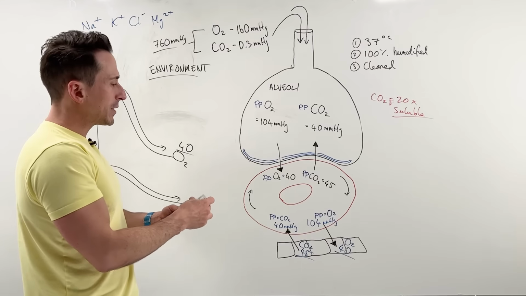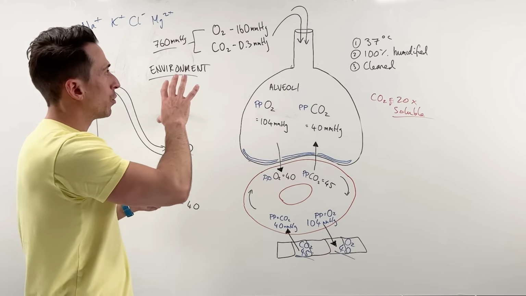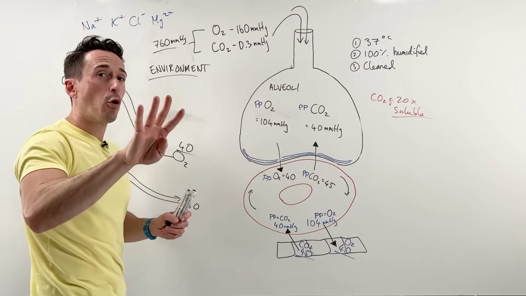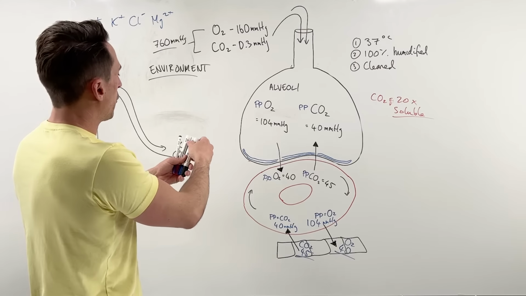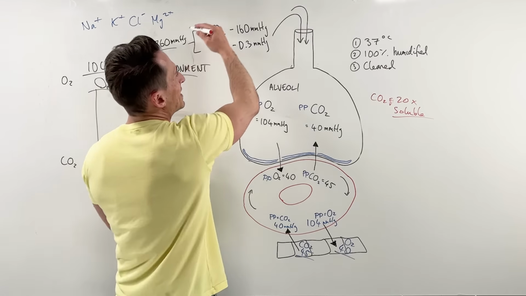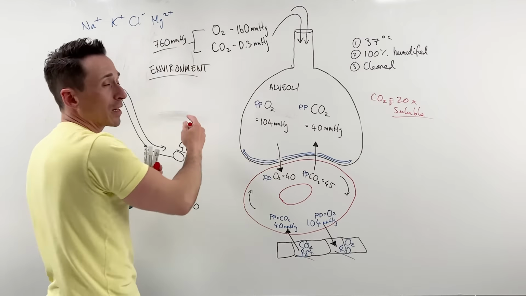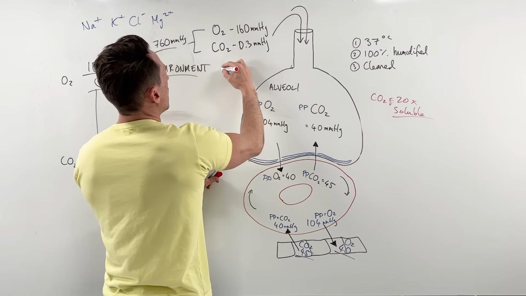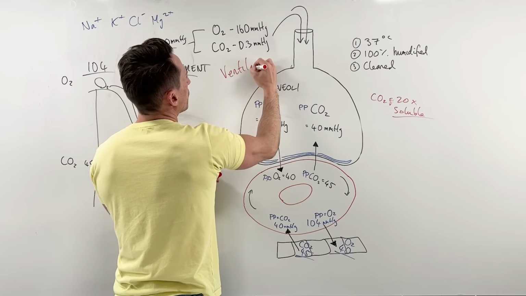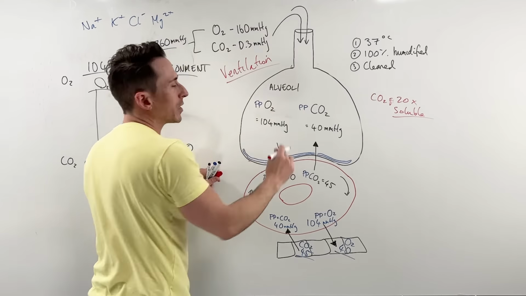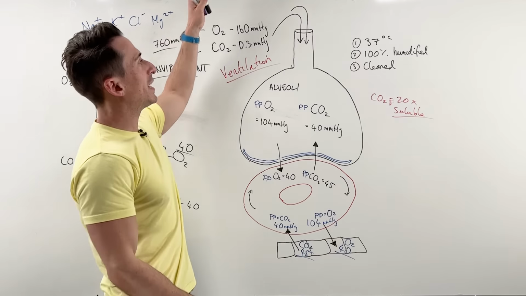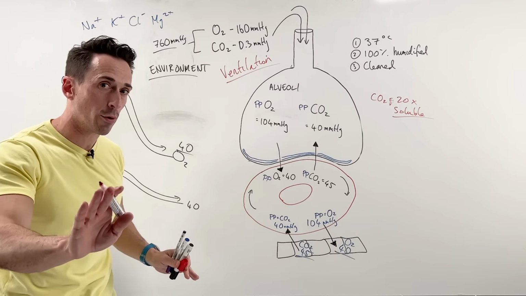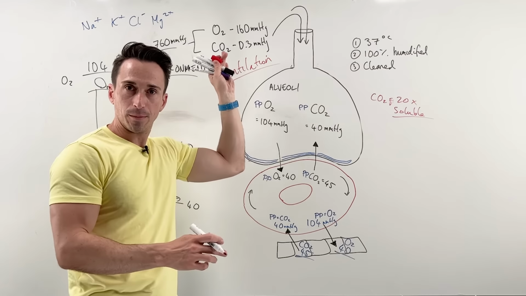All right, if we take a look at the fact that we've got 4 different phases here, right? First phase is bringing gases into and out of the lungs. This process of bringing things into and out of the lungs is termed ventilation. Ventilation. That's bringing gases into and out of the lungs. It's not called respiration, it's called ventilation.